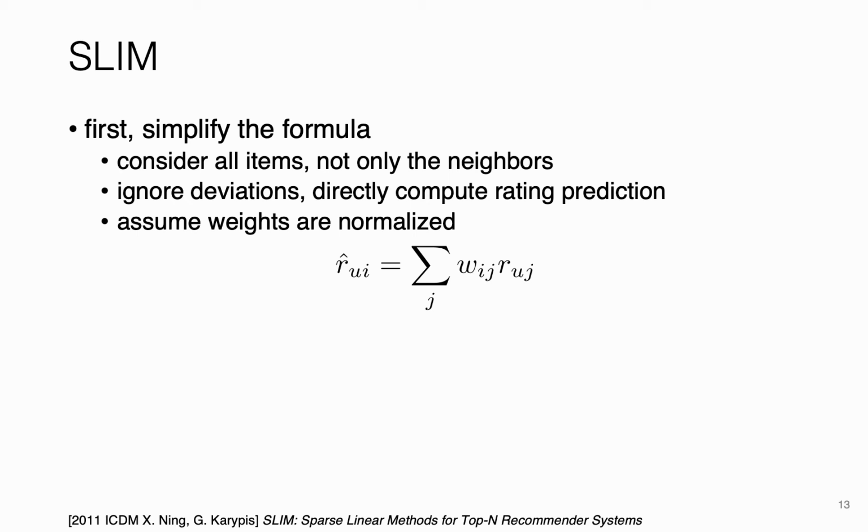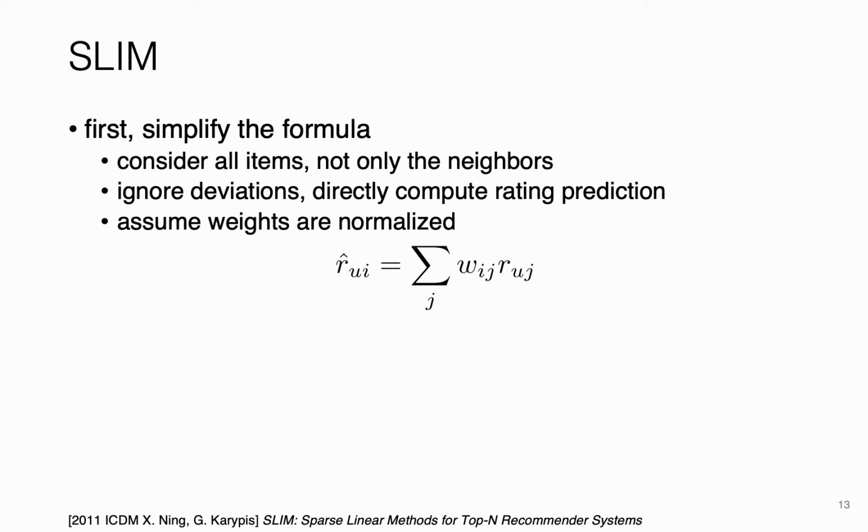So, we will see how to apply this idea. First, however, we simplify the prediction formula. One thing we do is to remove the neighborhood and instead consider all items. Also, we will not be predicting deviations, but simply predict ratings.